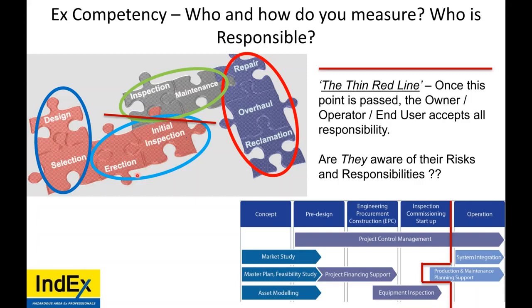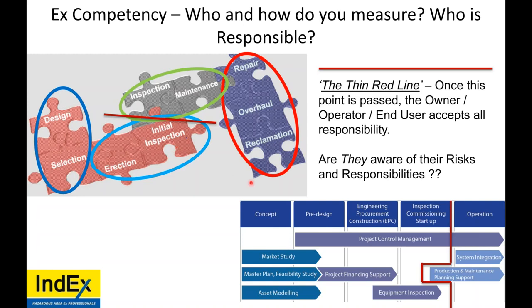Now, while most of us in the industry have engineering experience during FEED stage, so design and selection, or during construction, Ex QA/QC, commissioning, while others have the operations, maintenance experience, or even the repair, overhaul, and reclamation.